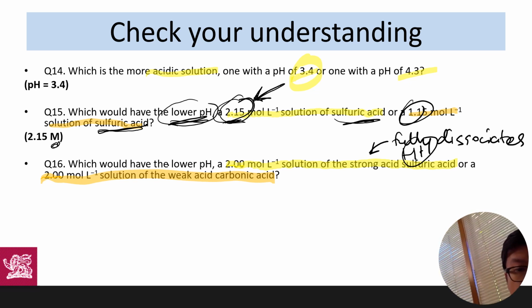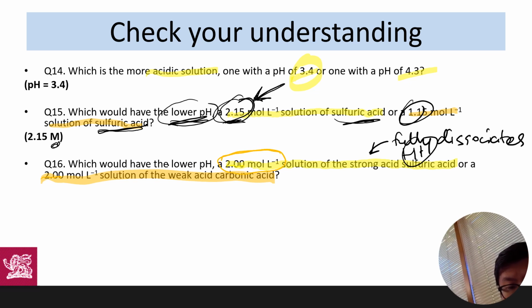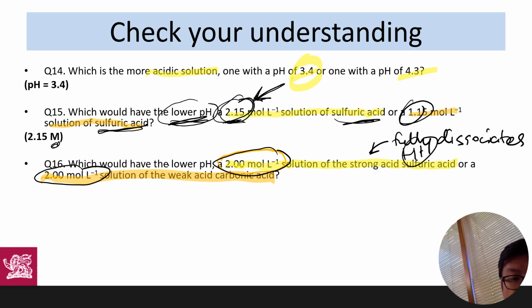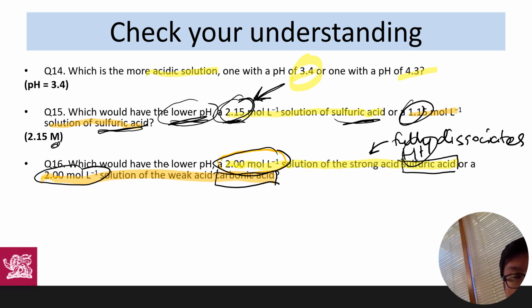The first thing we need to understand is that the question is highlighting the fact that both of these solutions of acid have the same concentration of the molecule of the sulfuric acid and of the carbonic acid. So they have equal concentration of those substances.